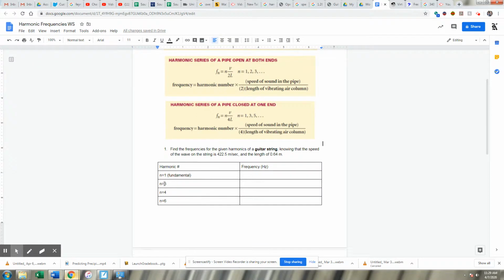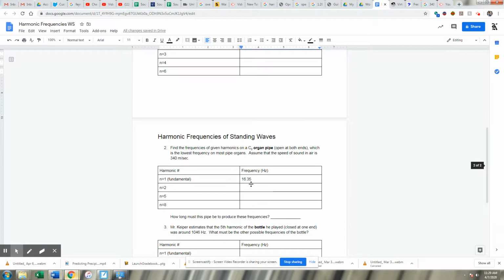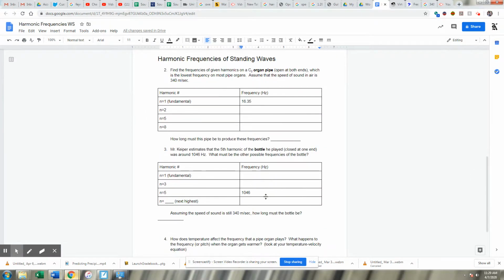And remember that if you know the fundamental frequency, the harmonics are always just whole number multiples of that. So since this is n equals 6, this should just be 6 times the fundamental frequency. The same goes for every situation.